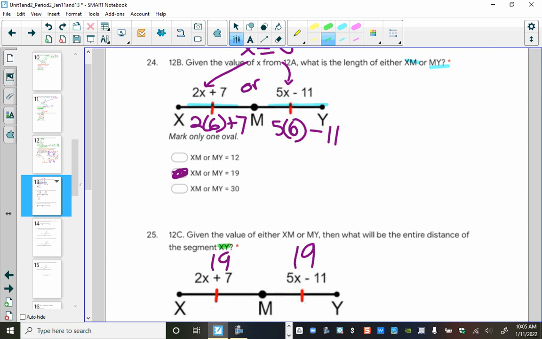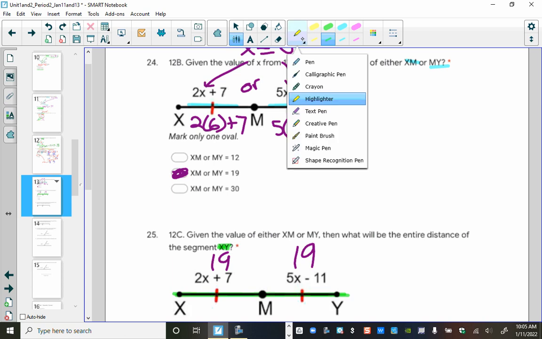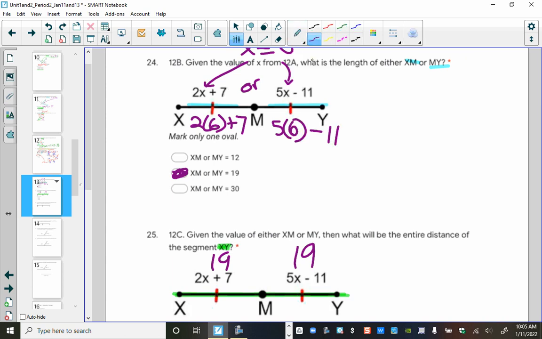XY. Is it the entire distance? It's going to be the entire distance, yeah. You got to add them up. XY, that's the entire distance. But we know both parts. Got to add them up. Whatever you miss, get from a neighbor, okay?